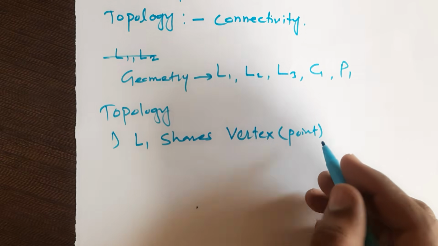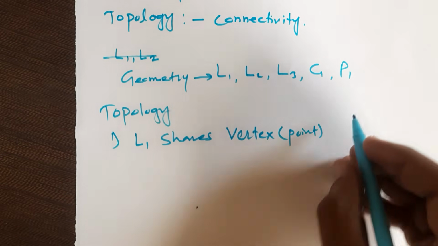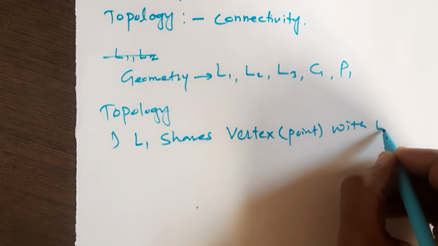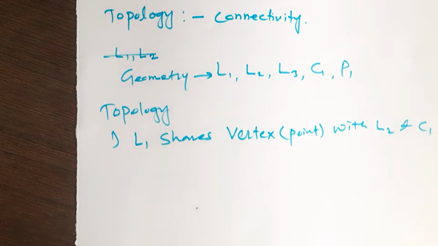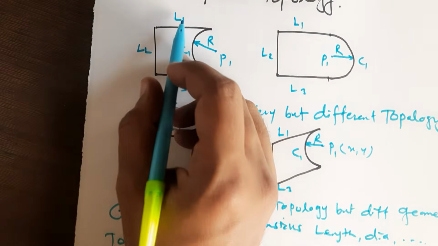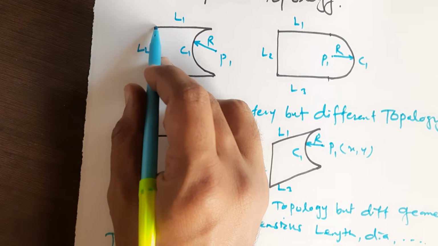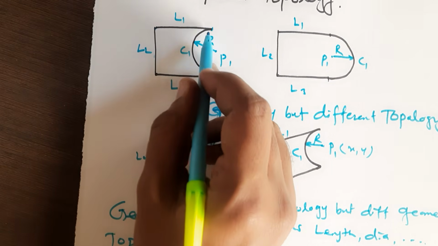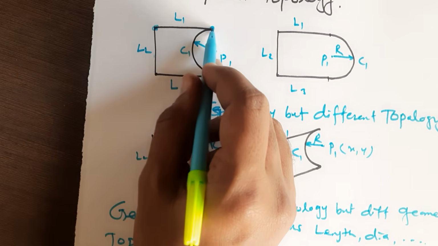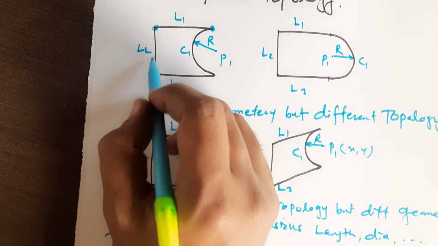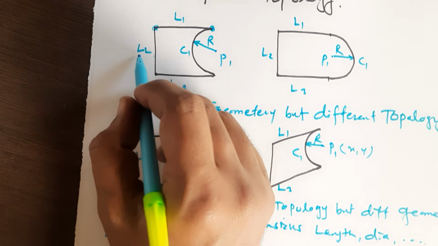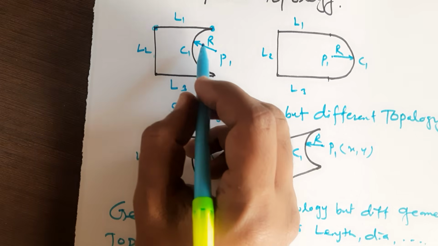Okay, vertex is a point. L1 shares the point with L2 and C1. You can see here L1 shares a point with L2 here and C1 here. Okay, so this L1 is having two vertices, so it is sharing the vertex with L2 and C1. So this is the topology.